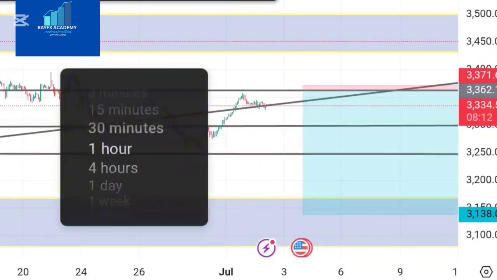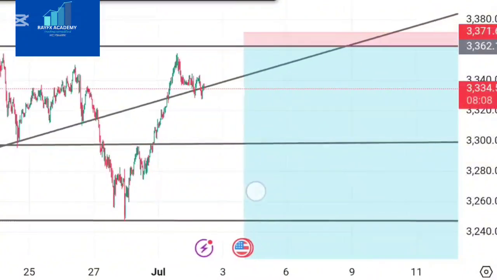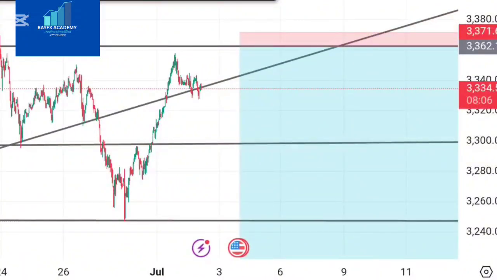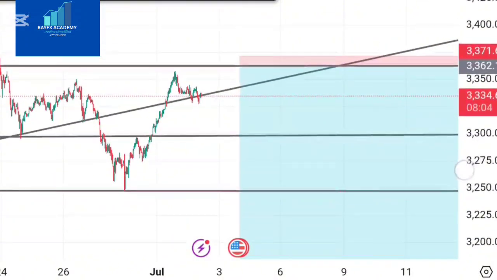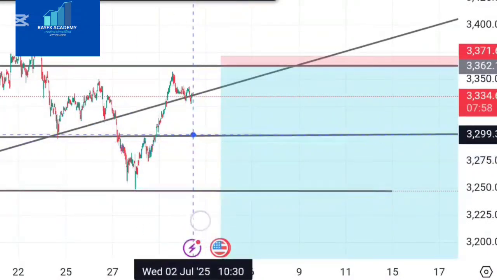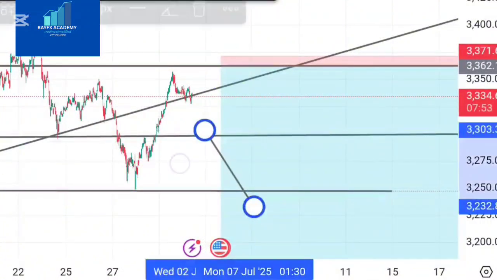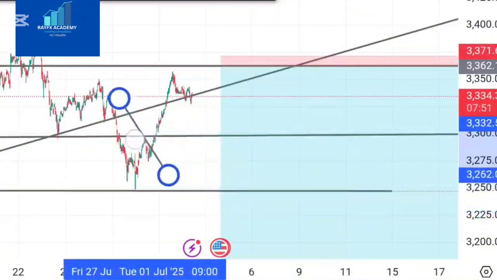So when we switch over to the 30 minutes time frame, because we are not taking our entries from the 4-hour time frame, the 30 minutes time frame is telling us that this is coming back down here. So there is every possibility for this to reverse from here. Look at it.